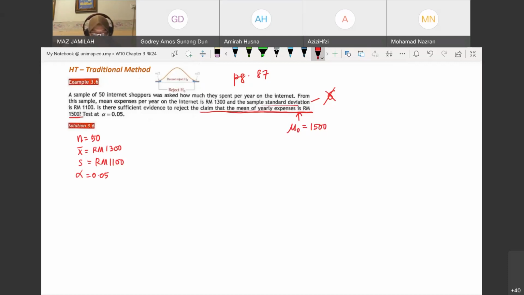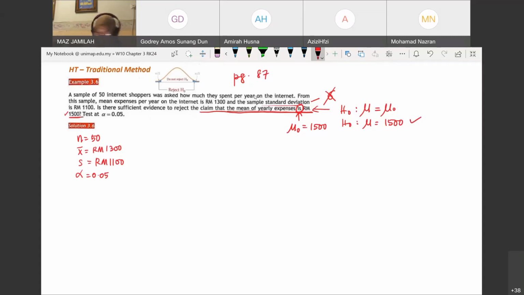My mu naught is from the given hypothesized value. Then this sentence reflects that my null is mu is equal to mu naught because of the word "is" here. And my mu naught is equal to 1,500. So this is how we interpret this sentence into this statement.